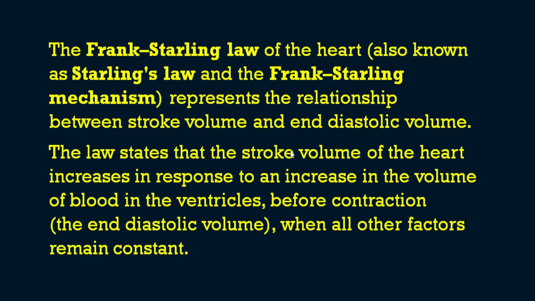It states that the stroke volume of the heart increases in response to an increase in the volume of blood in the ventricles before contraction, that means the end diastolic volume, when all other factors remain constant. This is known as the Starling law of the heart, and it is related to the cardiac output and not to the other options given in the question.